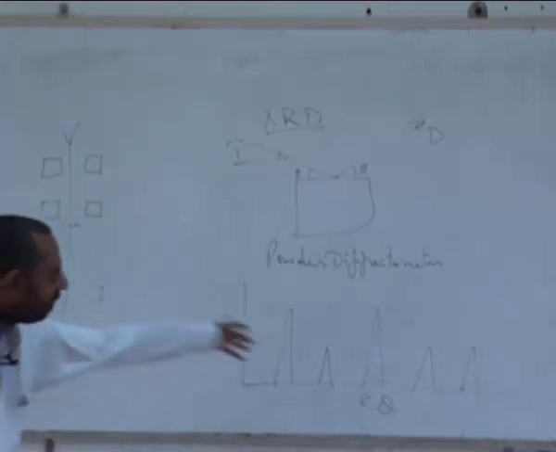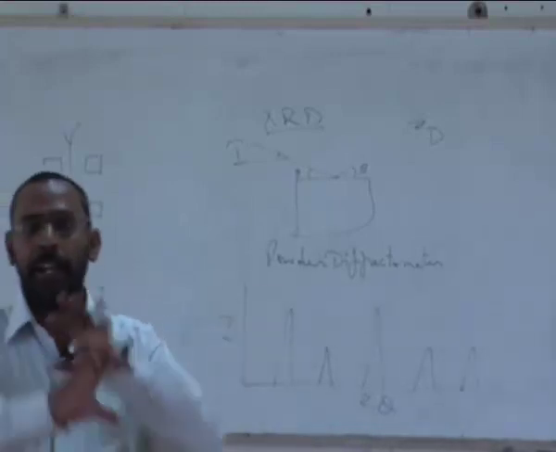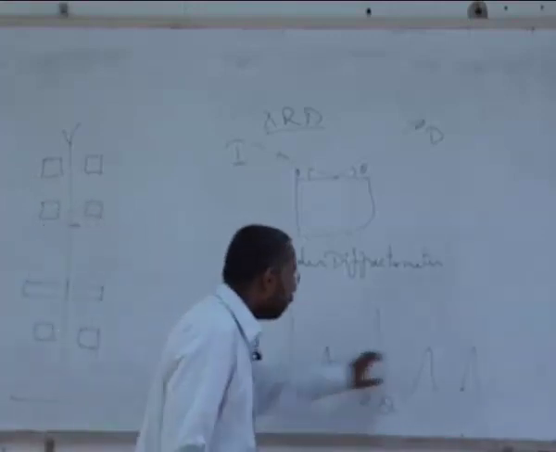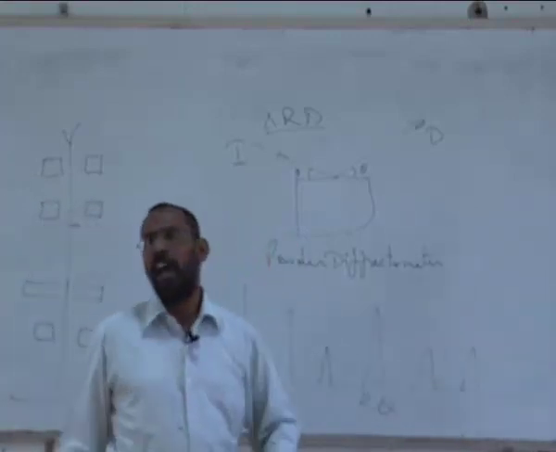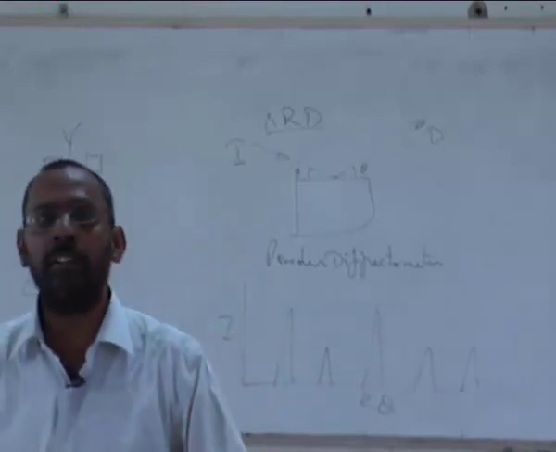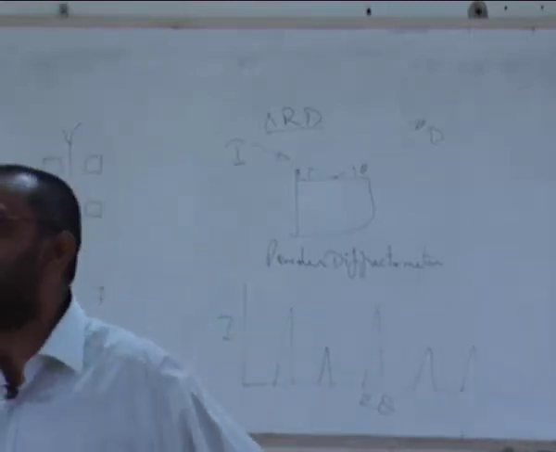So intensity versus 2 theta, and in those you will see certain peaks, and by analyzing these peaks I will be able to know what crystal structure it is and what the lattice parameters of that particular crystal structure are.